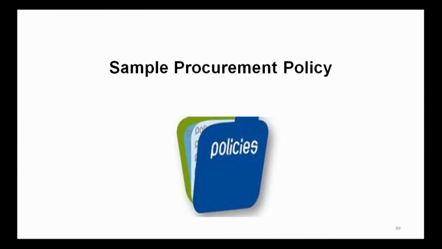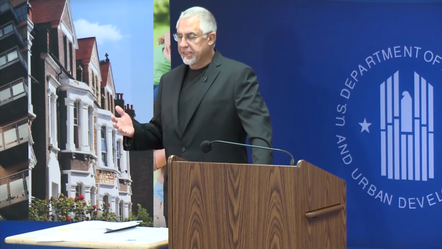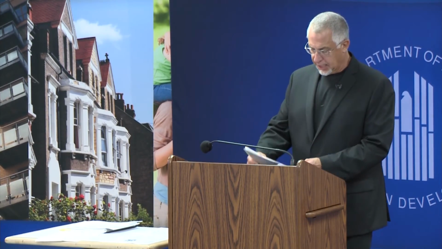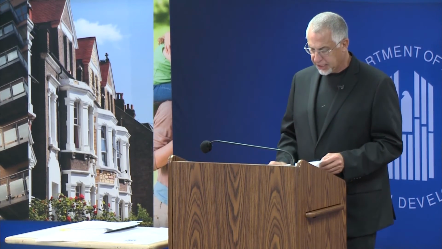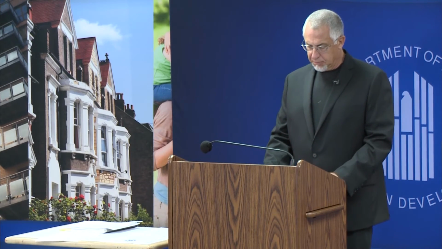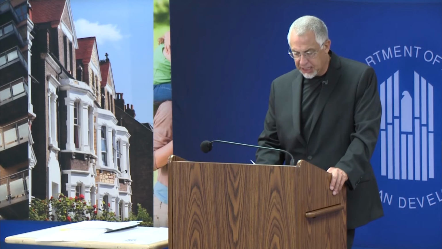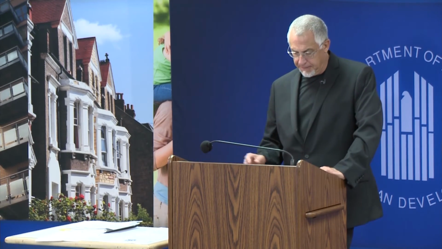I want to point out that a procurement policy is included with the supplemental materials. I showed you the list of supplemental materials we have available at the beginning of this segment. I just wanted to take a minute to point out some of the components of the sample policy that would encourage you to take a look at that policy. It is a substantial policy. It's 33 pages.